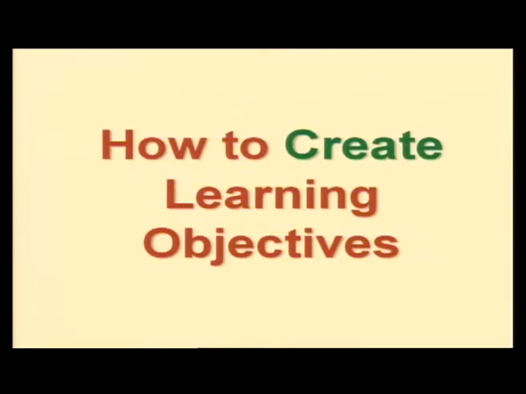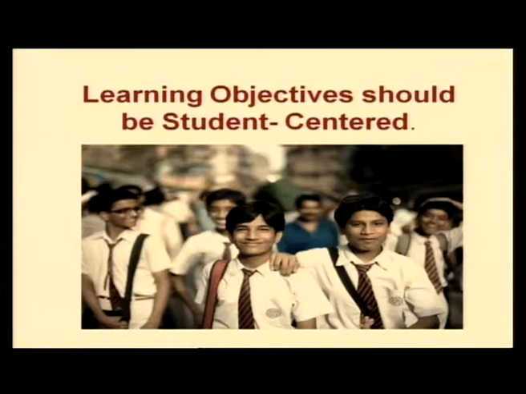The next part is again very important: how do teachers create learning objectives, or, for a training session, how can trainers create learning objectives? There are a few guidelines for this, available in books, and some are available on the internet. First and foremost, learning objectives should be student centered.